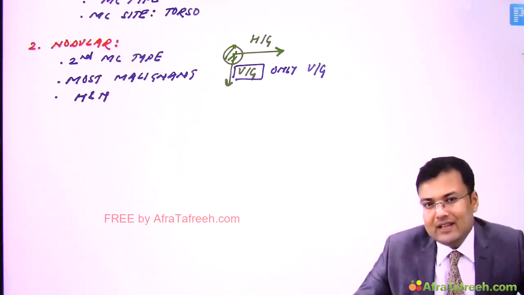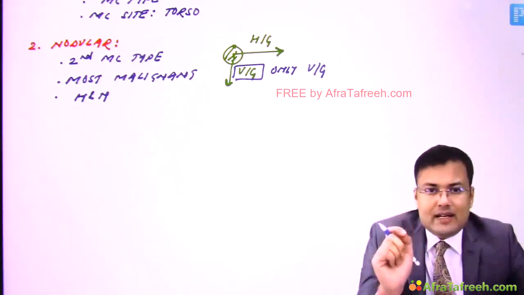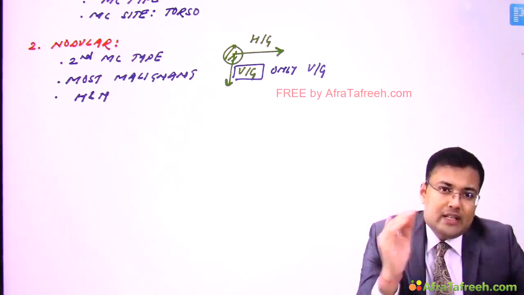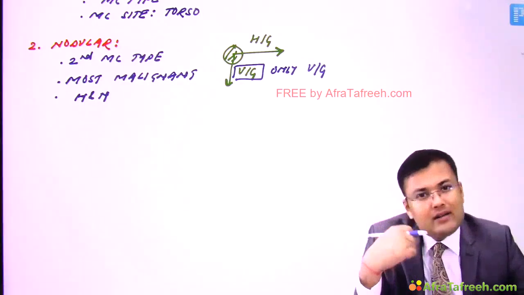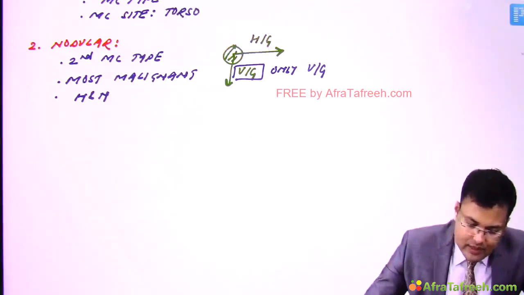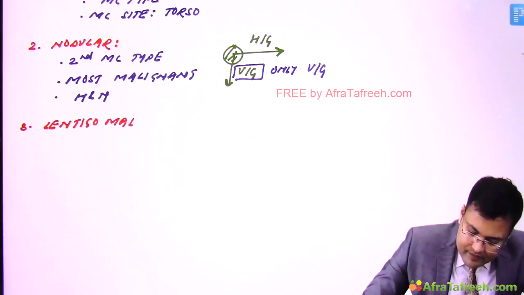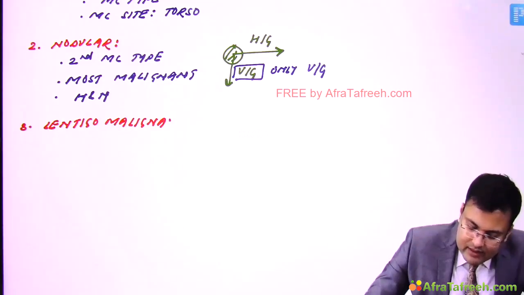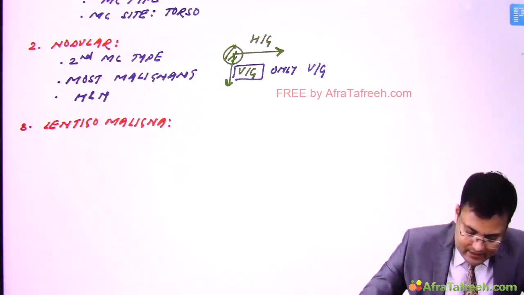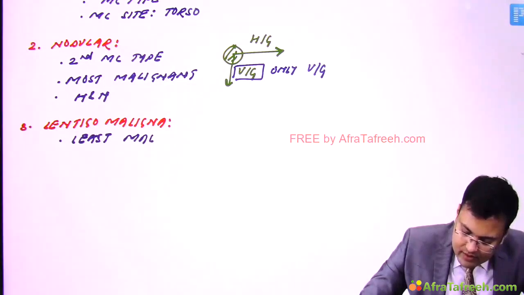Least malignant is lentigo maligna. This is the least malignant, and generally this lentigo maligna is slow growing, seen in the elderly, especially in which part? Sun exposed parts of the body. Clear? So third is lentigo maligna. Okay, and it was asked in a latest exam.